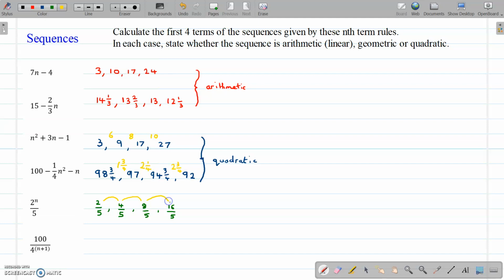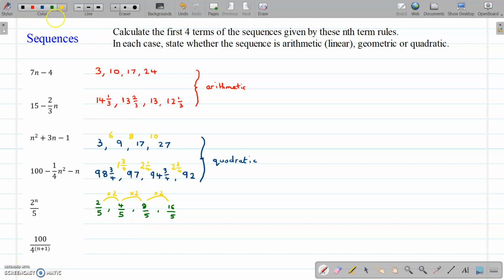So I could just put here times 2, times 2, times 2, referring to the numerators. And the next ones would be 32 over 5, 64 over 5, and so on. That's an example of a geometric sequence.